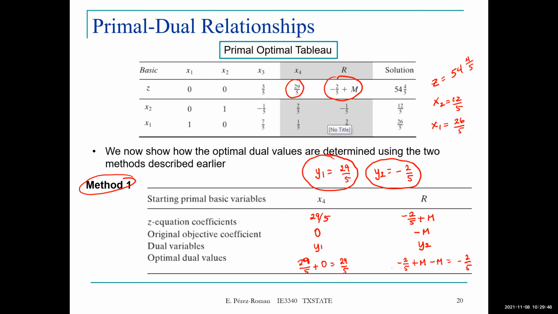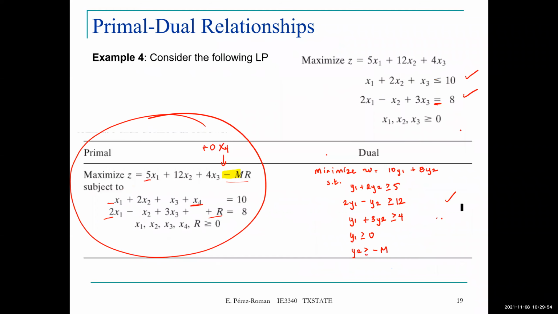For R, it also has a coefficient of 1 in the constraint. Oh, yeah, so this is the original objective coefficient from the objective function. Yes, so that will come from here. So we don't care that there's a 1 from the R in the second constraint. No, because we are looking at the objective function.